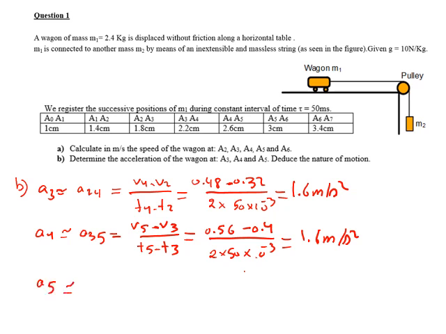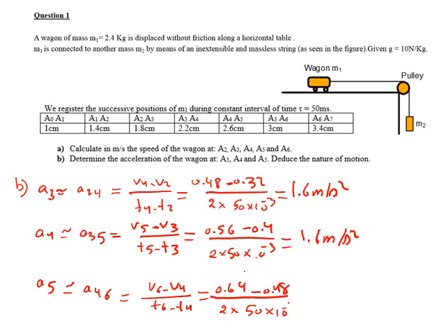A5, it's approximately A46, equal to V6 minus V4 over T6 minus T4, equal to 0.64 minus 0.48 over 2 times 50 times 10 power minus 3, equal to 1.6 meter per second square.